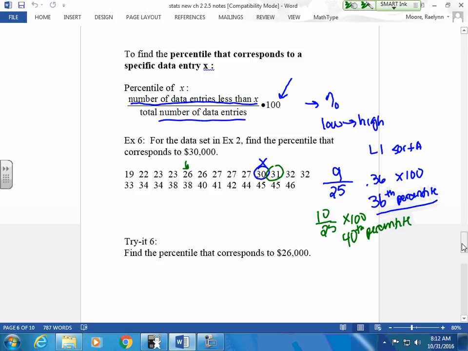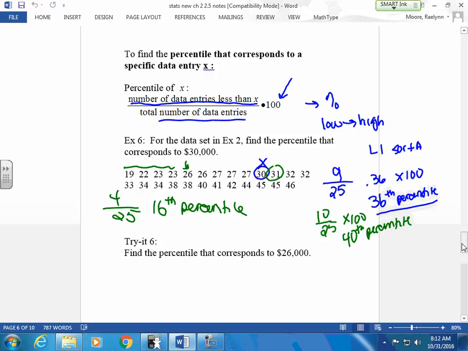So if they say the number at the 26, which one should I use? Use the first one unless they say otherwise. There are 4 less than that over 25. So this is at the 16th percentile. 16% higher than the ones before, than the other data. Okay? So be careful when they use a double one.